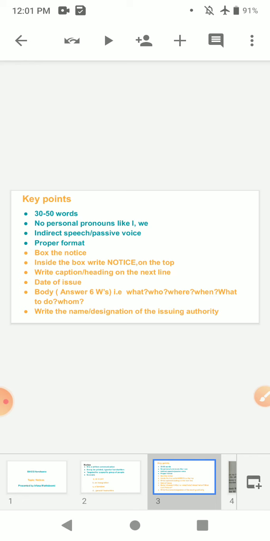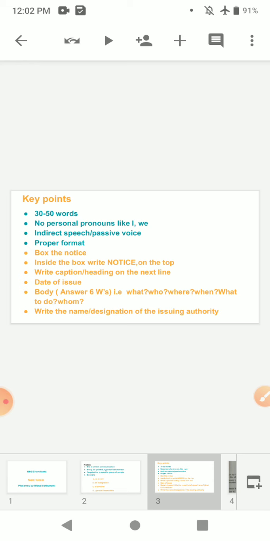The box is important. You draw a rectangular box and whatever notice you are supposed to write, you put it inside the rectangular box, and inside the box you write NOTICE in capital letters, in bold letters, on the top.